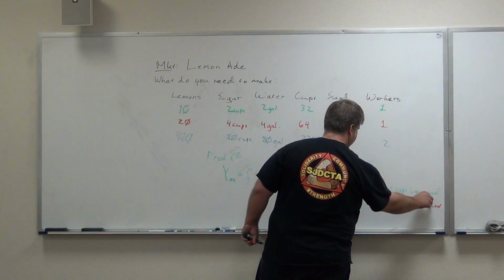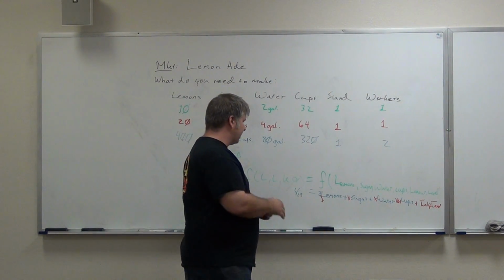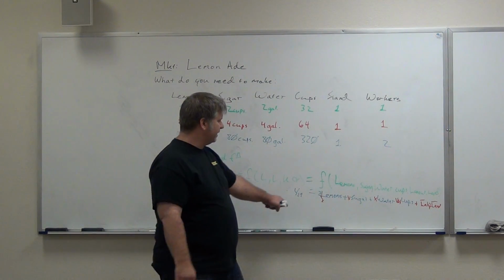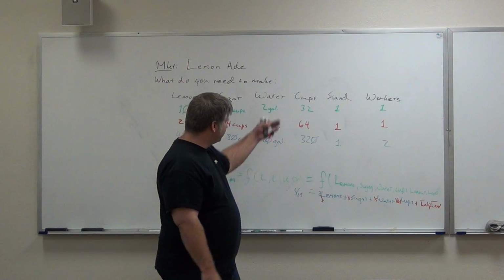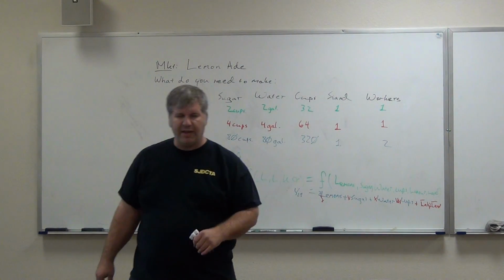We just hold those constant, no terms on there. And so we'd say, if we want x cups of lemonade, we insert it in, say we want 32 cups of lemonade, 2 times 32, or whatever it may be. Have to make that up.